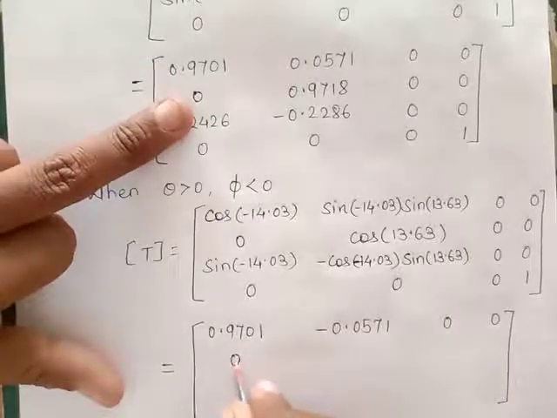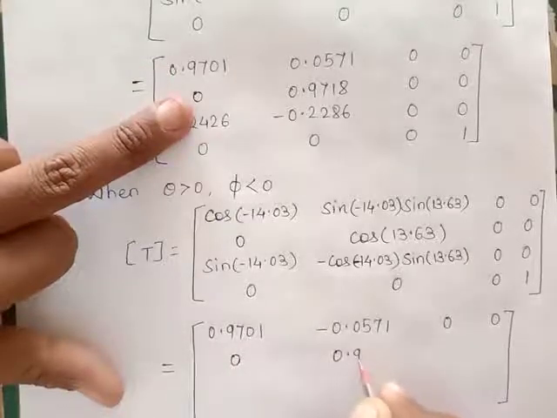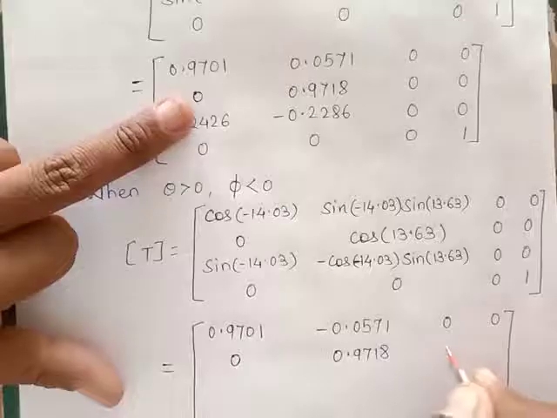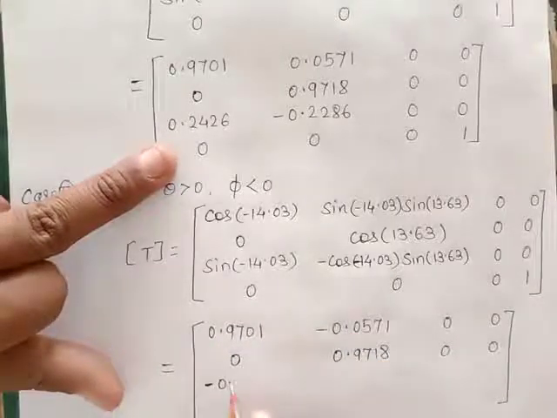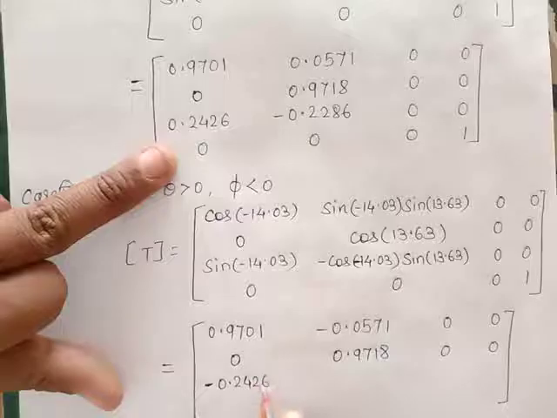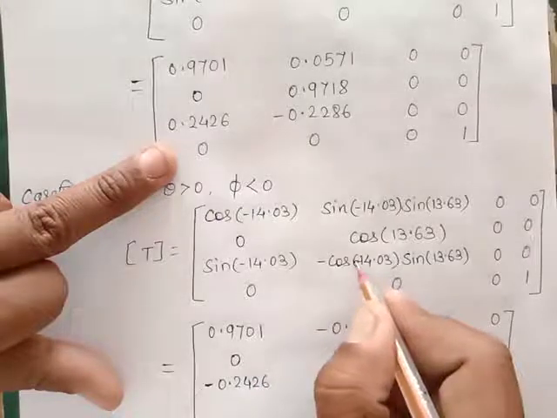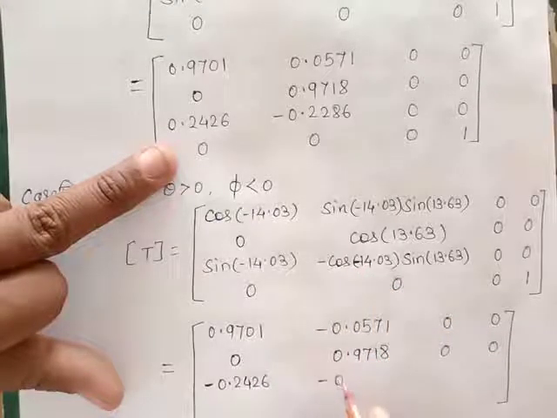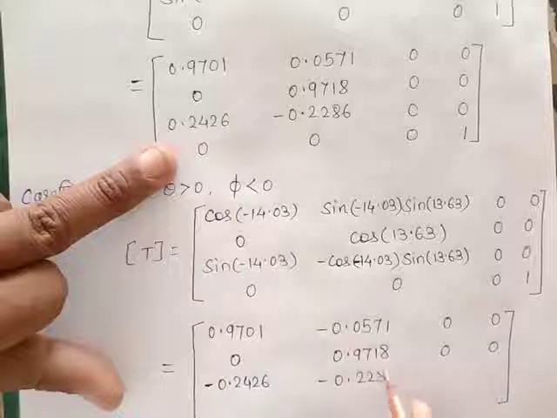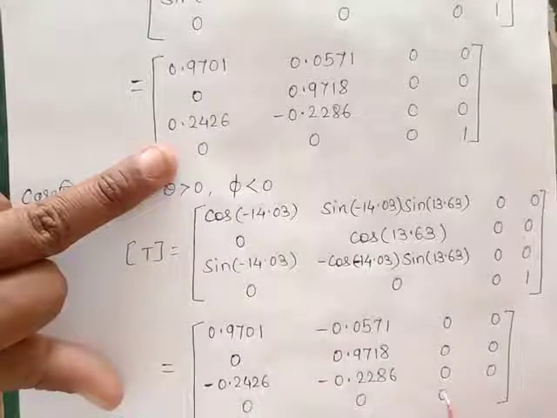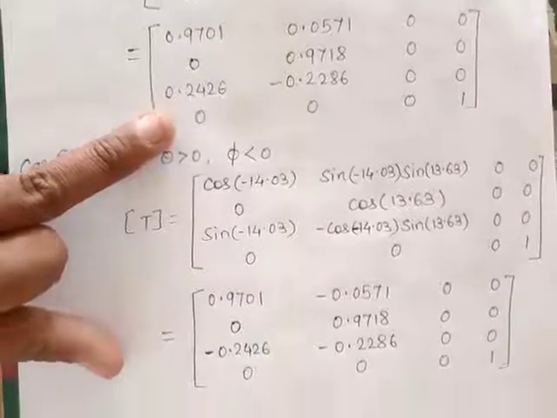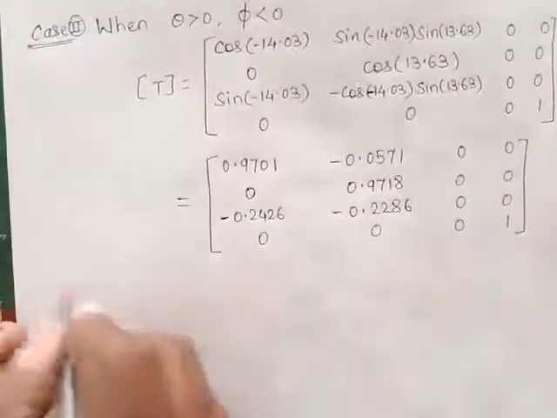This is 0. This row is as it is. This is minus. Here also this minus remains the same. Okay. So minus 0.2286. Okay. Now case 3.